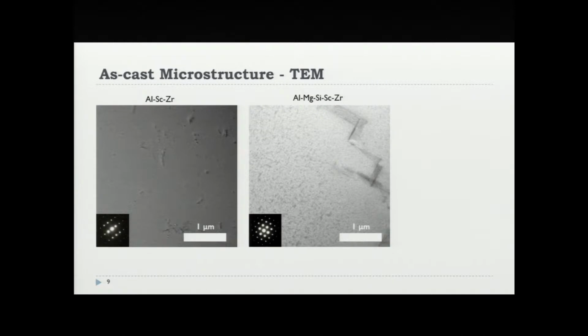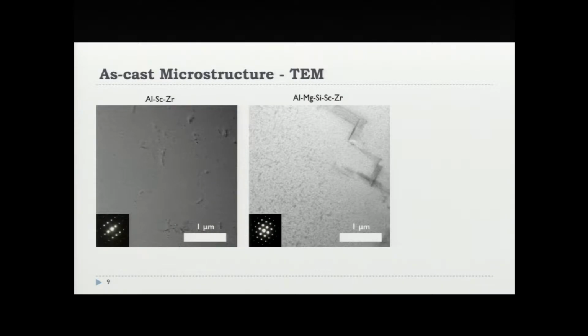Here we've done some TEM to start with, and what you see in the ternary aluminum-scandium-zirconium is that you have quite a clean microstructure. Apart from a few primary dispersoids and a few small coherent dispersoids, it's mainly quite clean. Then in the magnesium-silicon-scandium-zirconium alloy, you have quite a lot happening.